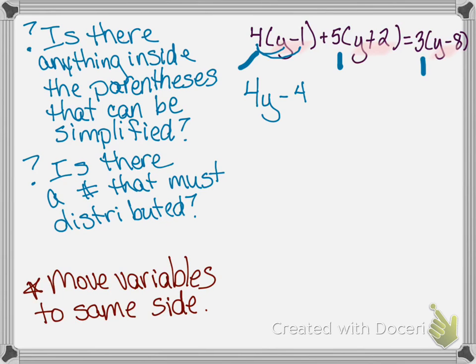Now we're distributing our 5. We need to distribute the 5 to the y and the 5 to the 2. So we have 5y plus 10. And then my last one, I'm distributing the 3 to the y and the 3 to the -8. So I have 3y minus 24.